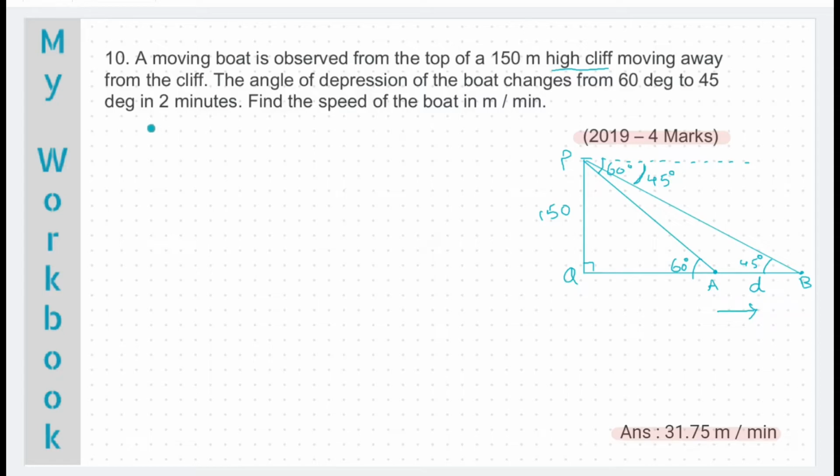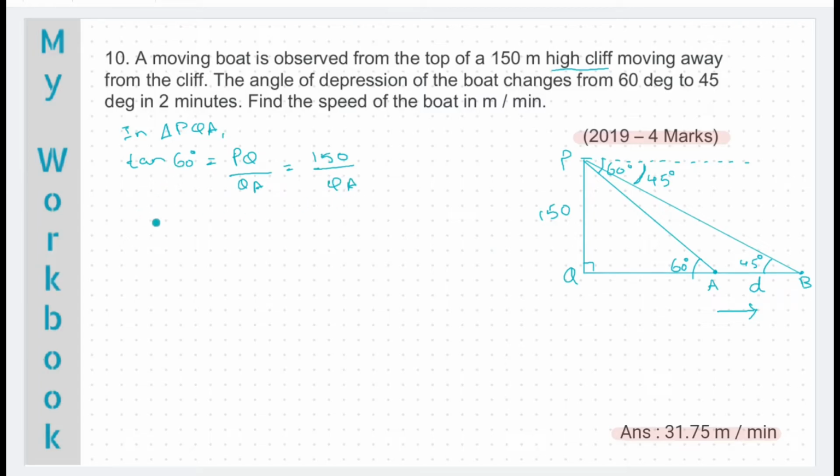So first, let's consider triangle PQA. Tan 60 degrees will be opposite side PQ by the adjacent side QA. PQ is the cliff's height, so it is 150, divided by QA, which is not known.